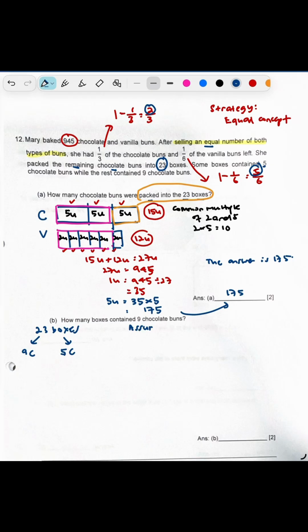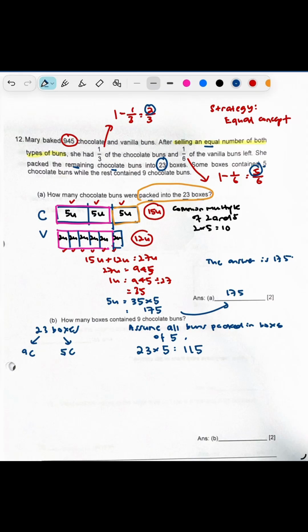Let us assume or suppose all the chocolate buns are packed in boxes of 5. If I pack them into 23 boxes of 5, I will have 115.